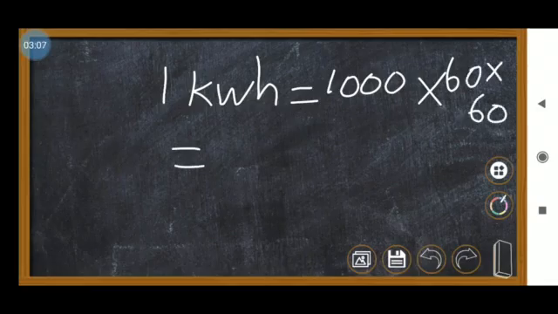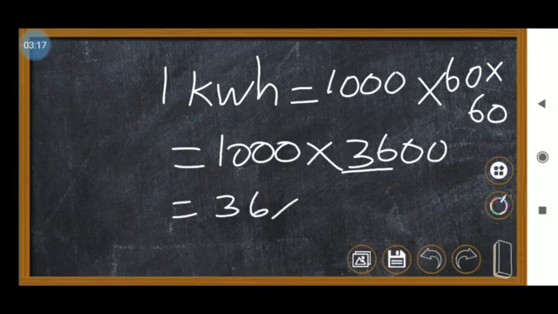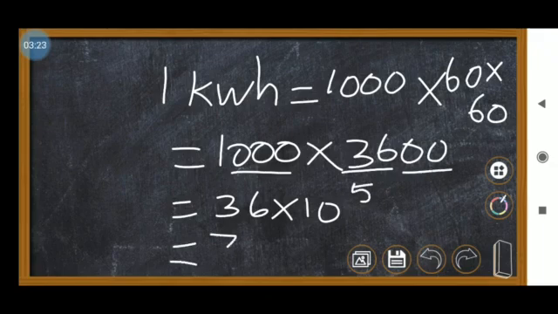So 1000 into 60 into 60 is 3600000, which we can write as 36 into 10 power 5, or otherwise 3.6 into 10 power 6.